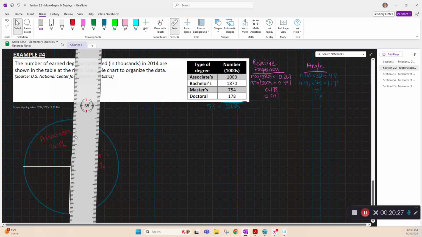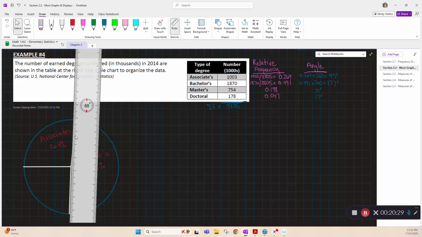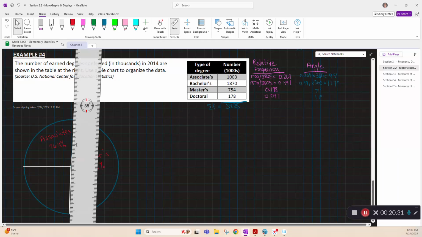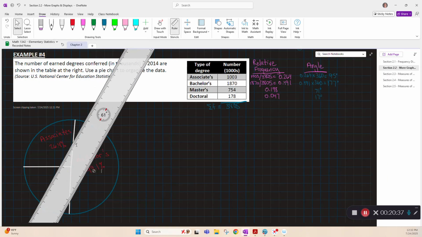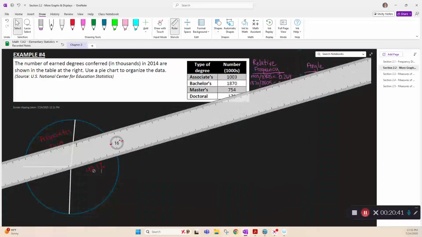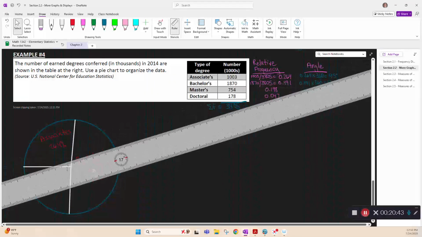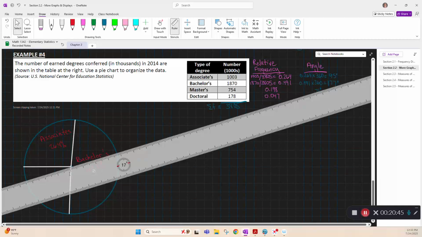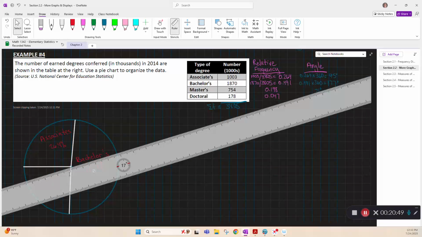So if I think of it being here at 88, 88 minus 71 is 17 degrees. So I need 17 degrees left on my ruler. I'll put it right there, and then I'm going to go in and draw my line.